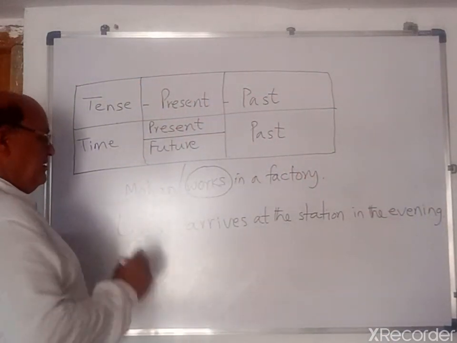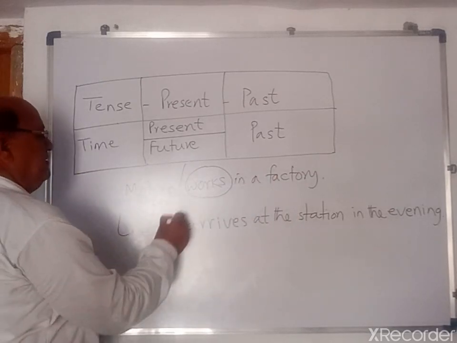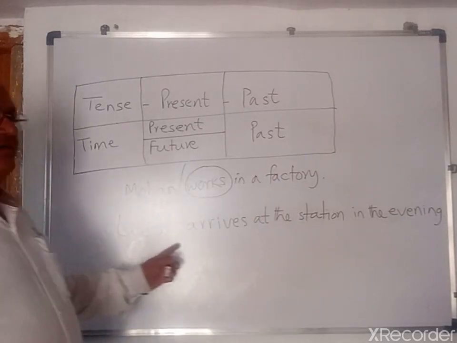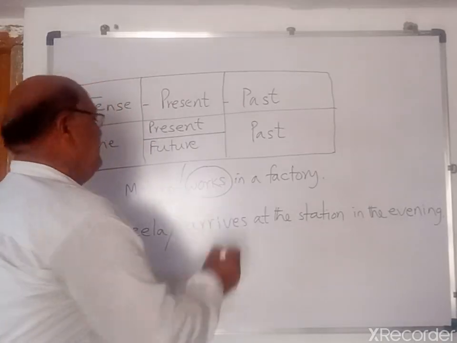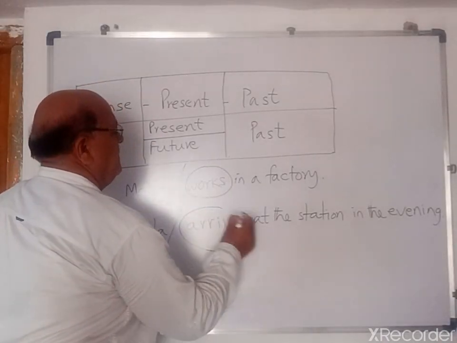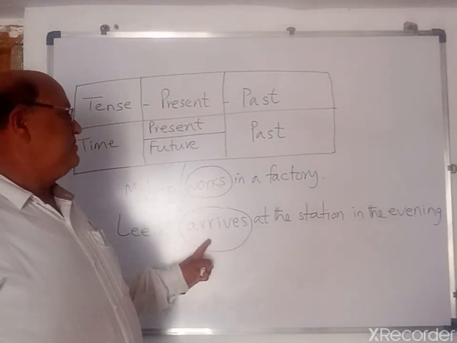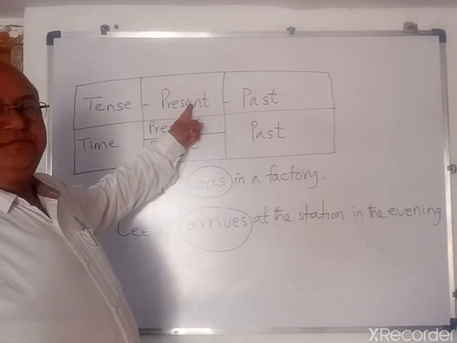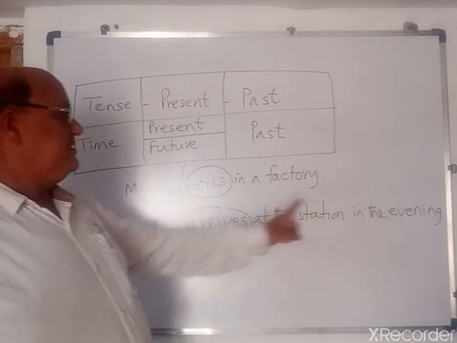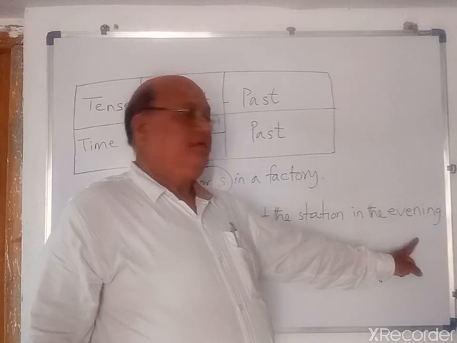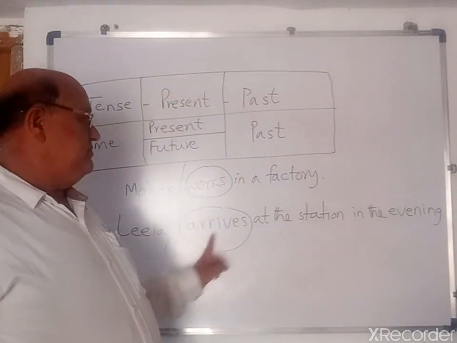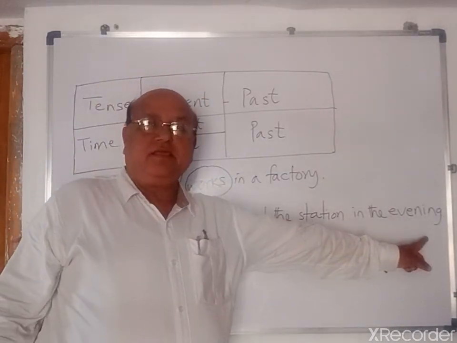See, once again, subject, predicate, this is the verb. This verb is in present tense and it expresses future time. Leela arrives at the station in the evening.